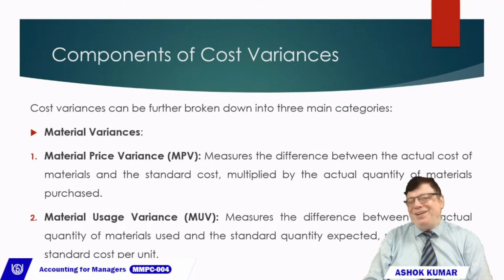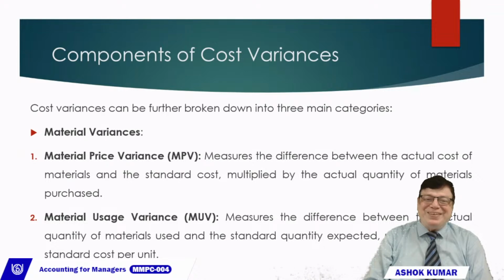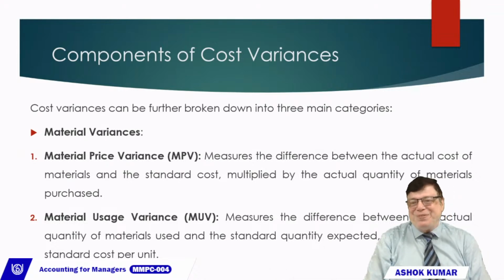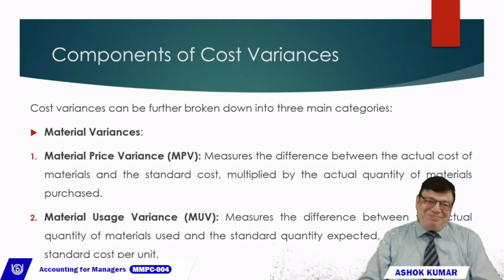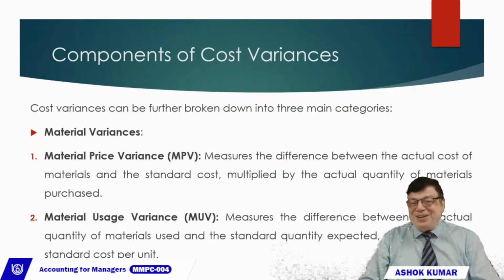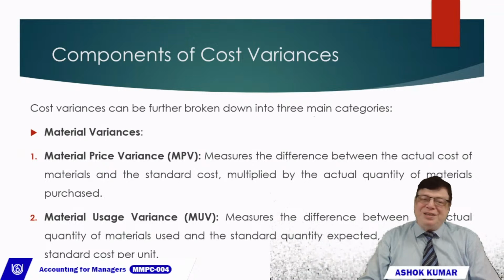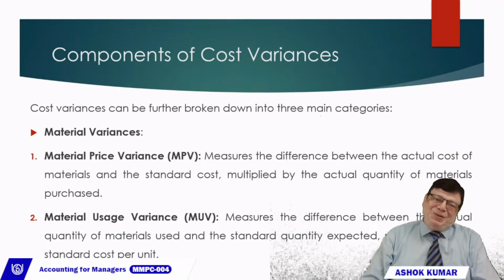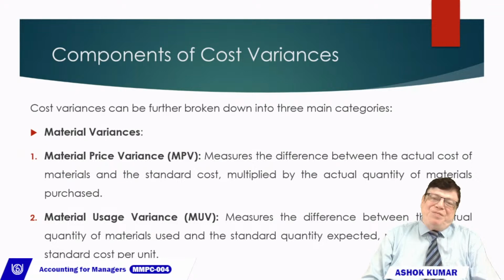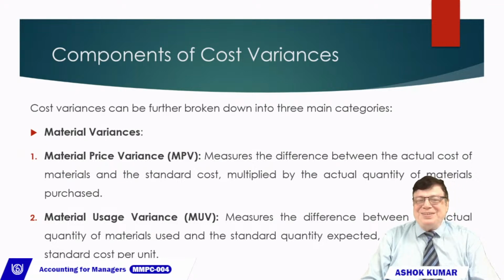First is material variance. Material price variance measures the difference between the actual cost of materials and the standard cost, multiplied by the actual quantity of materials purchased. Now, why is this difference there?